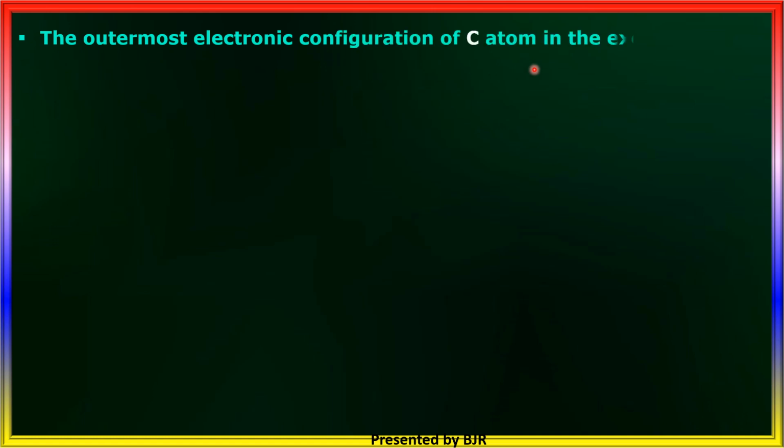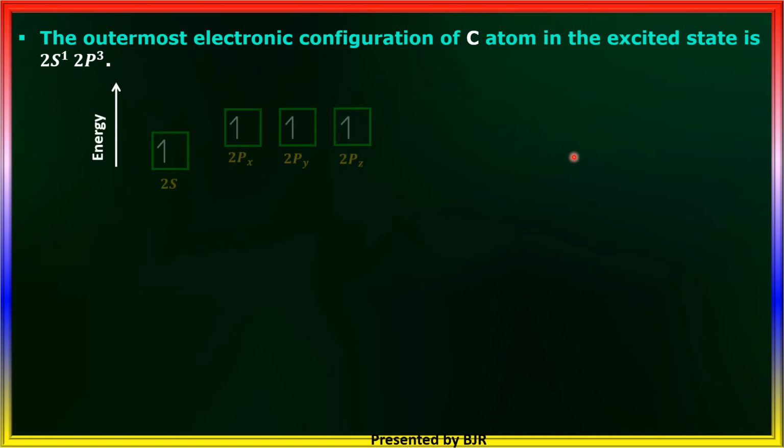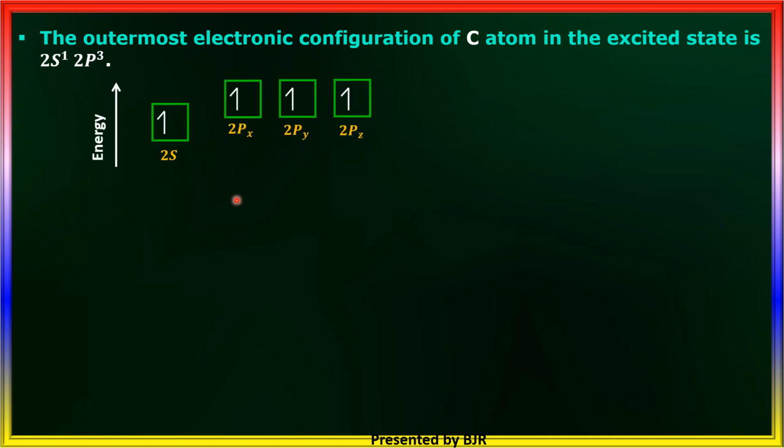The outermost electronic configuration of carbon atom in the excited state is 2s1 2p3. So here you can see the arrangement of these orbitals according to their energy. Okay, so here the energy of 2s orbital is lesser than the energy of these three 2p orbitals.